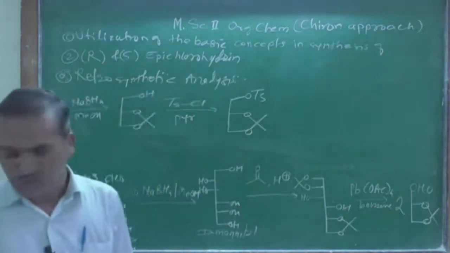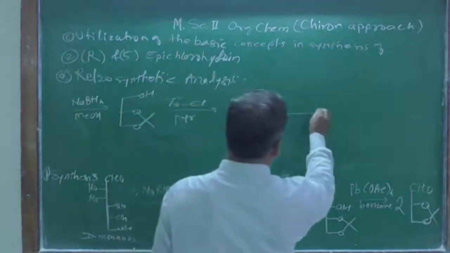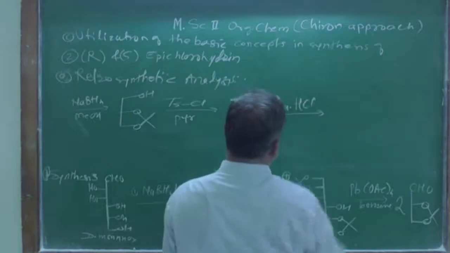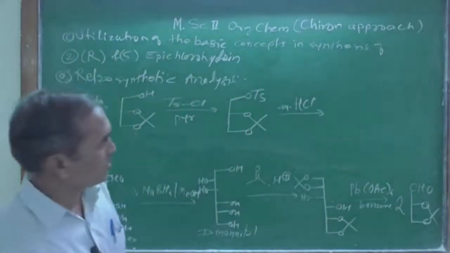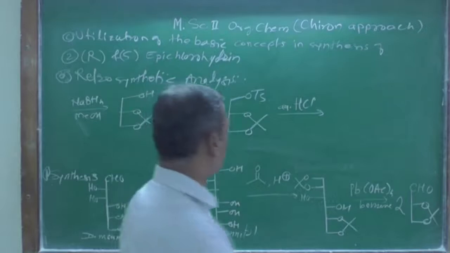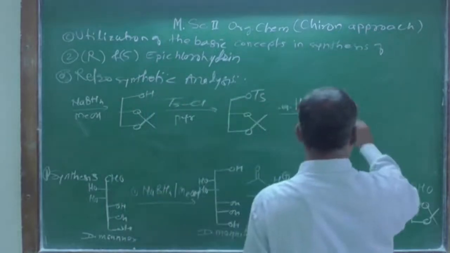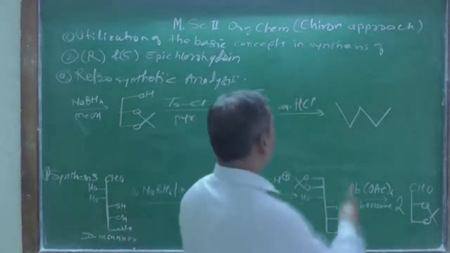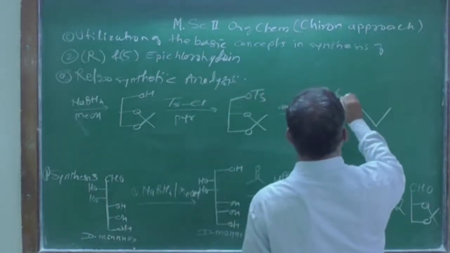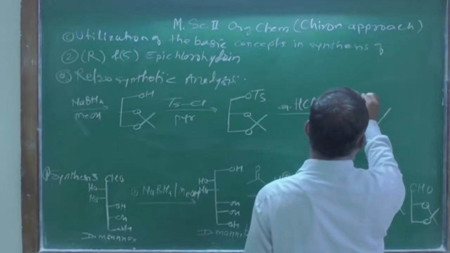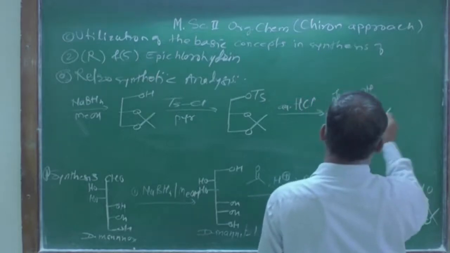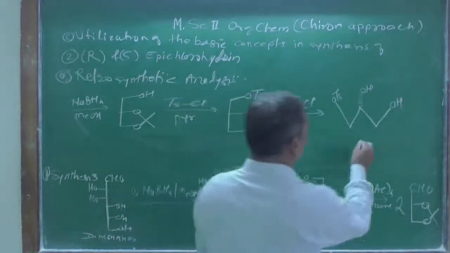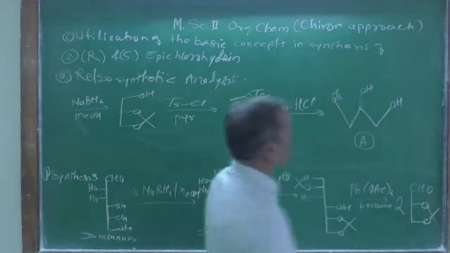Now you can deprotect with the help of aqueous HCl, hydrogen chloride. After the deprotection, I am writing it suitably so that you can remember: here is OTs, and here in the stereochemistry, the OH group must be here, and another OH is here. You can call this one a compound, right?